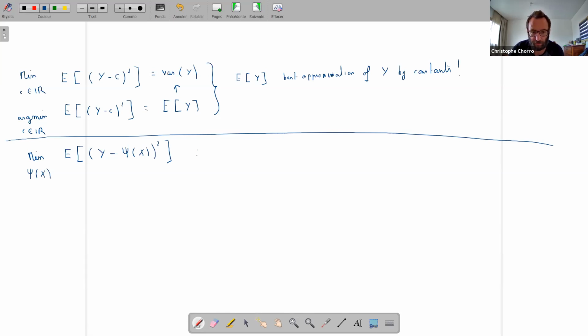So first, from a result we have seen previously, I can say that this expectation I want to minimize is equal, from the last result I have proved, to the expectation of the conditional expectation.